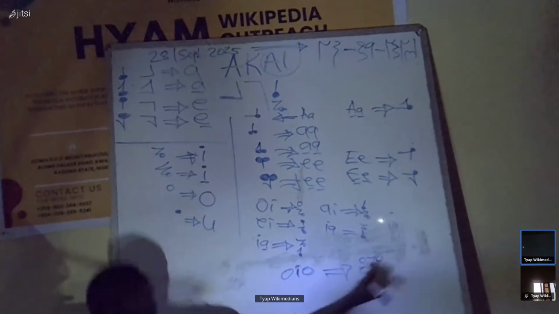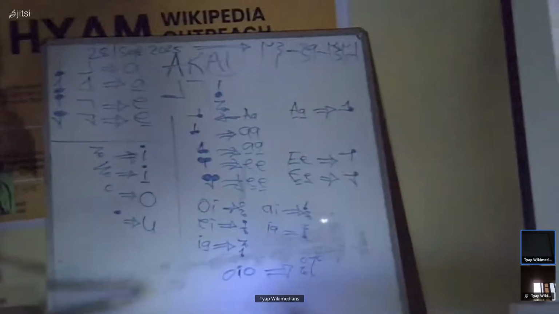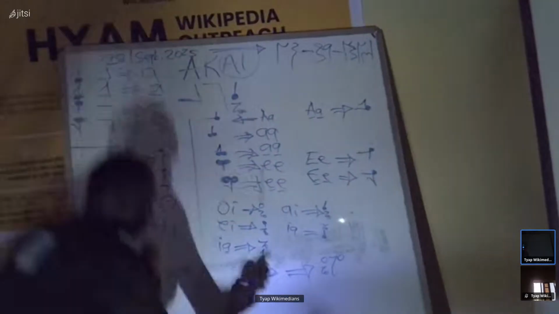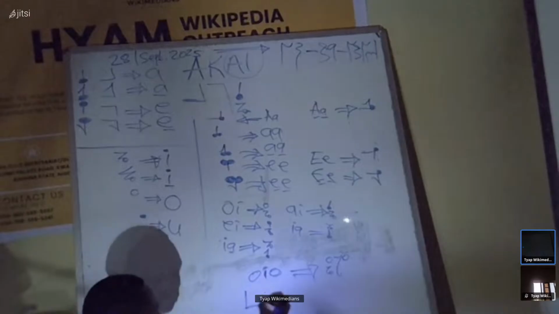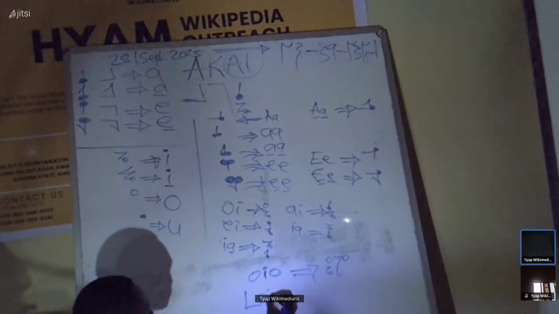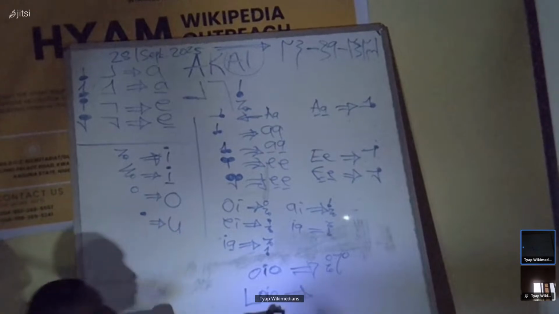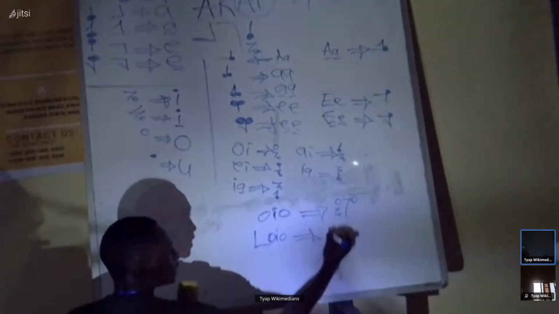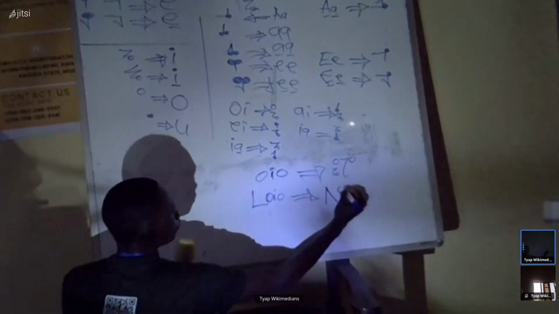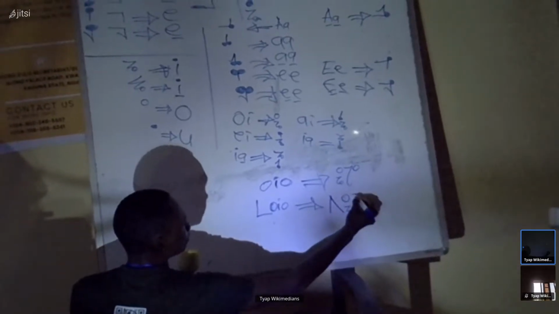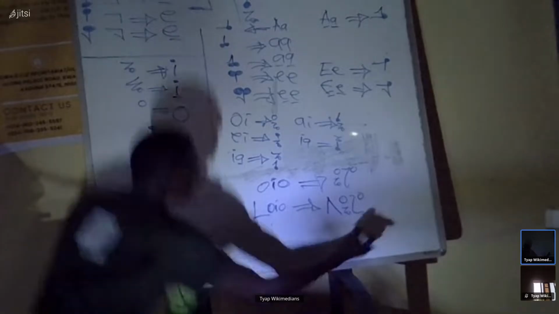Then you have another O. So in case you have a word like this, loyo, we are going to write la, O, E, and then divide it, and then you have O. Loyo.